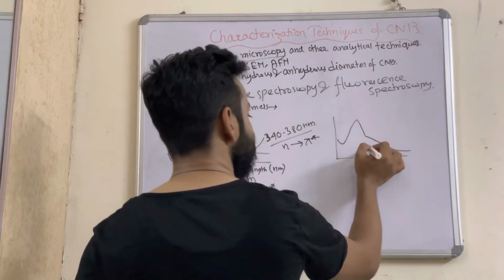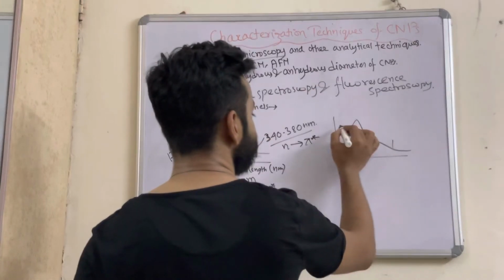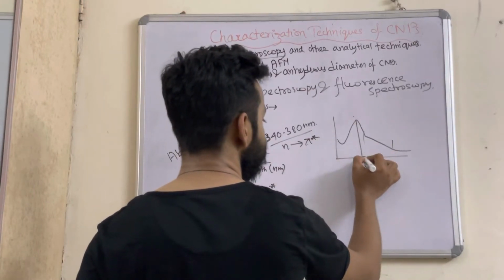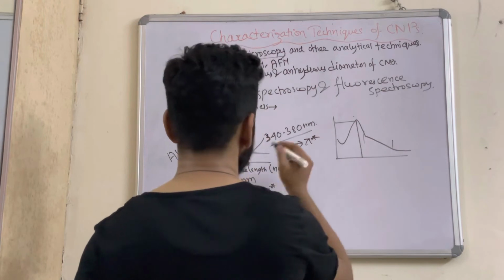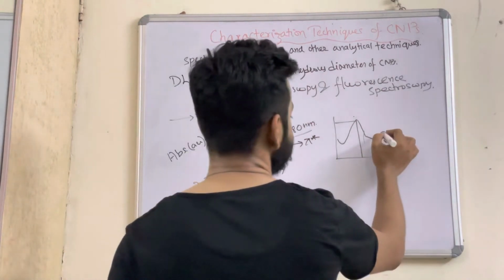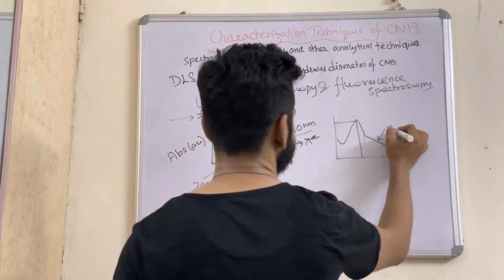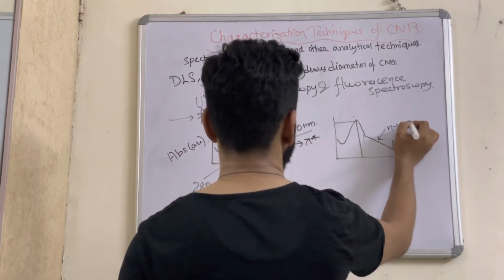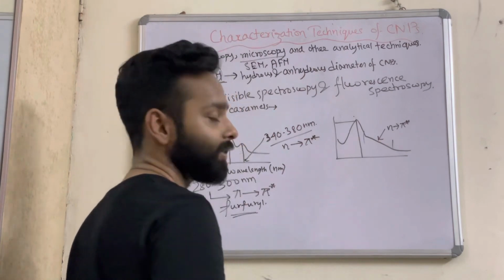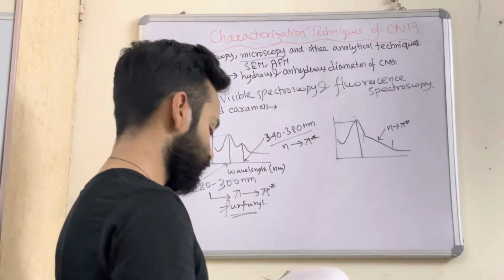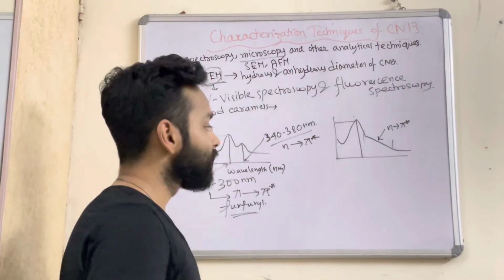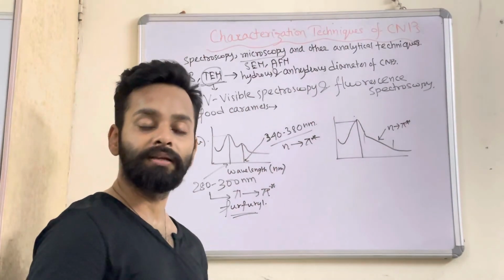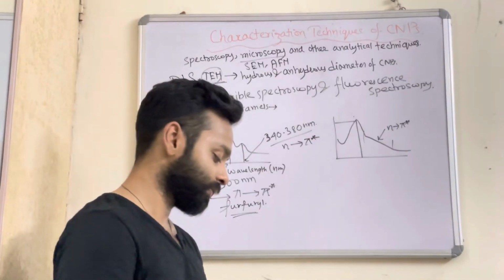This absorbance is superimposed with the major peak at the lower wavelength, and the n to pi star is obtained as a slope or as a shoulder. But nonetheless, this will imply the synthesis of carbon nanoparticles.